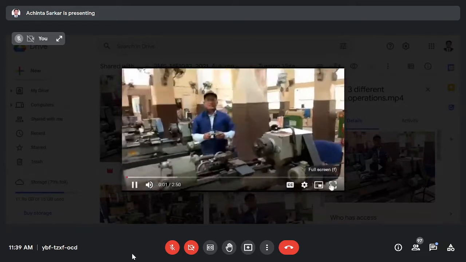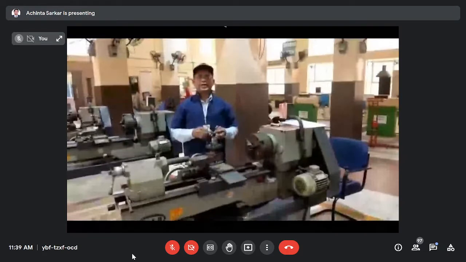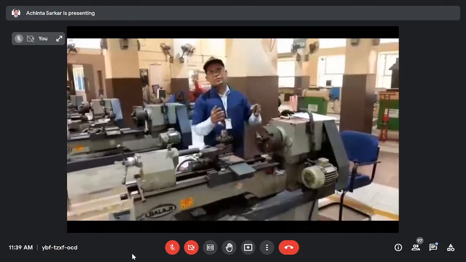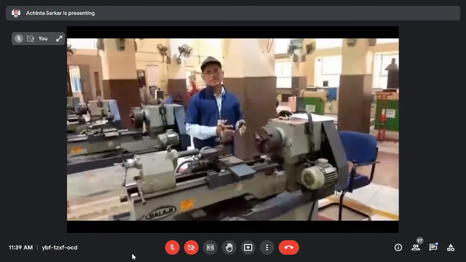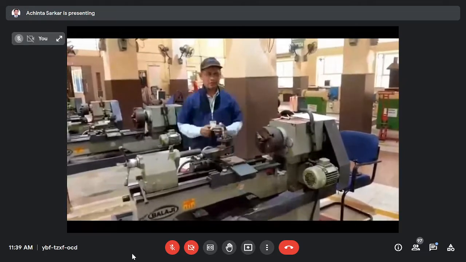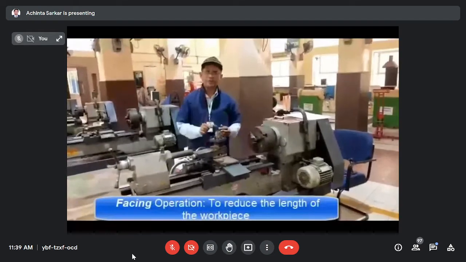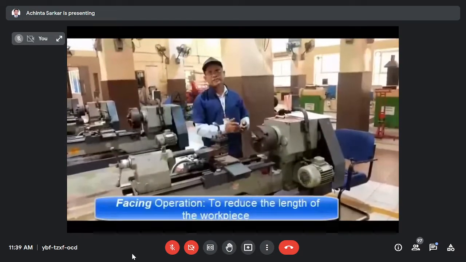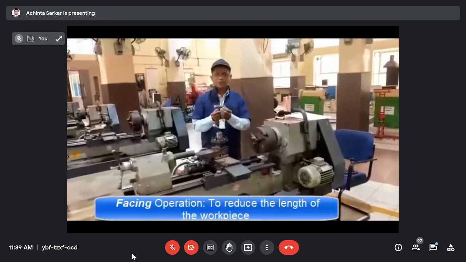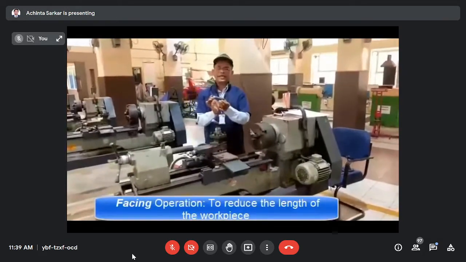I'm telling about different operations. What operations can you perform with the help of this machine? Listen carefully. First, the facing operation. Suppose you are holding a workpiece whose length is 100 mm.